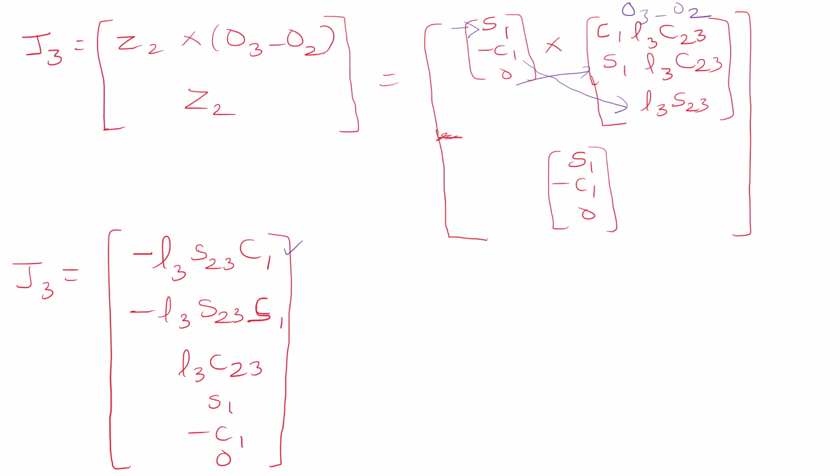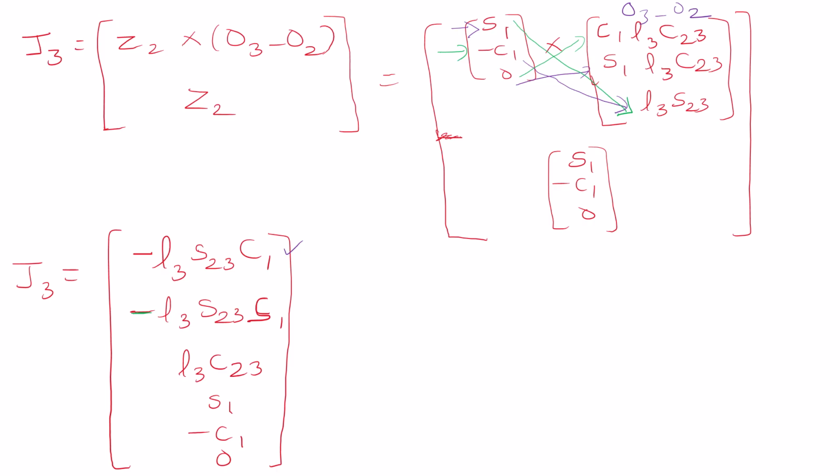That is the first element. To get the second element, you hide the second row: S1 times L3S23 minus 0 into this. Since you already have a minus for the second element, you get minus L3S23S1.